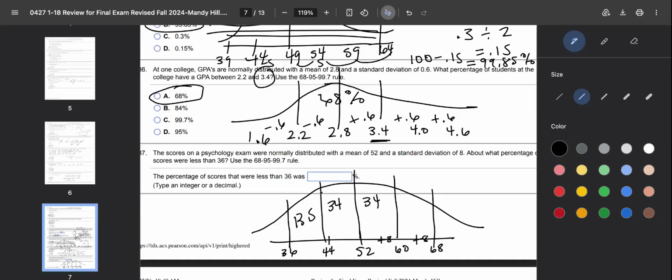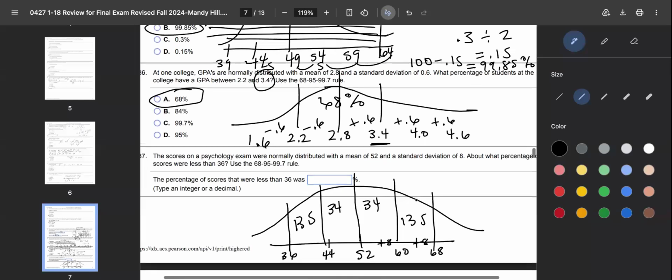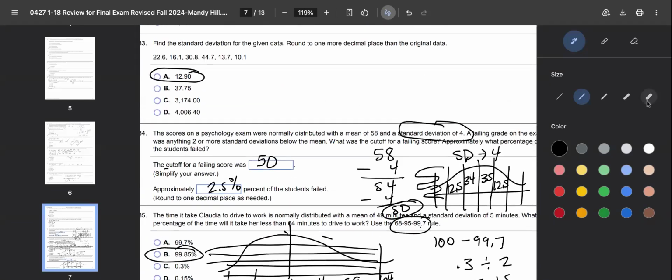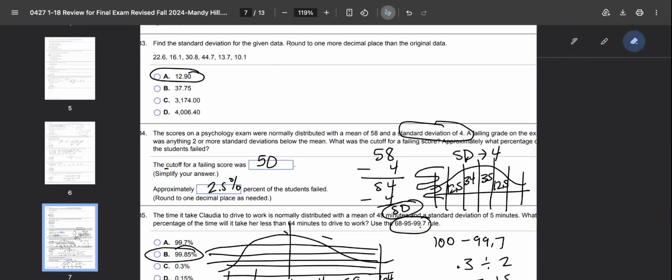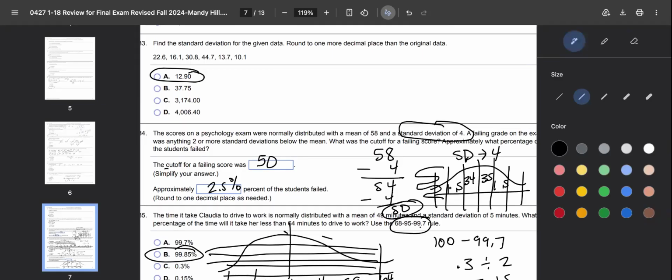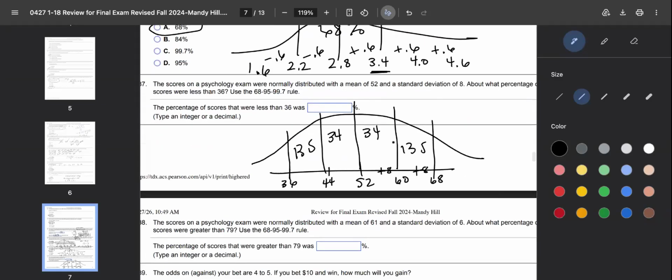I think I put 12.5, but this is 13.5 and 13.5. Let me scroll up and fix that. It's gonna drive me crazy. Okay. So so far, this little middle section is 13.5, 34, 34, and 13.5.